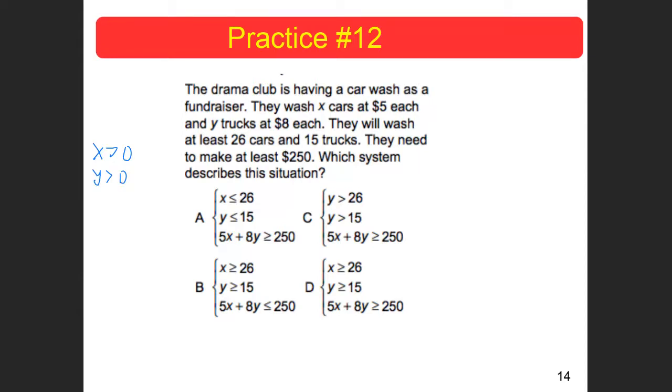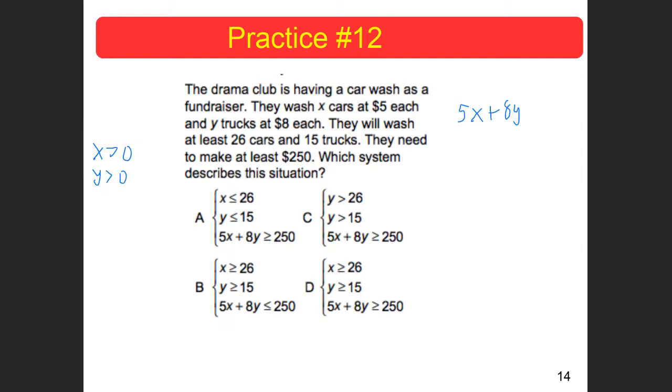In this problem, it says a drama club is having a car wash as a fundraiser. They wash X cars at $5 each and Y cars at $8 each. So right away, I'm just going to write down 5X plus 8Y.